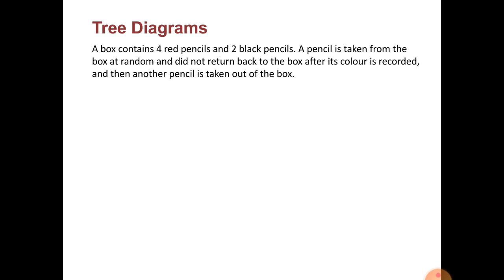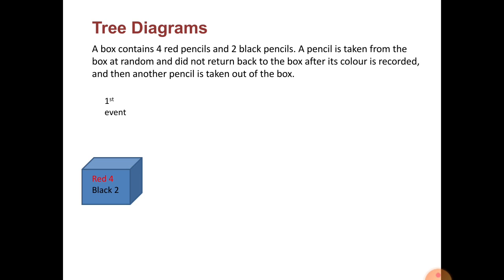Imagine that a box contains 4 red pencils and 2 black pencils. A pencil is taken from the box at random and not returned to the box after its color is recorded. And then another pencil is taken out of the box. If we summarize, the first event is there is a box, and in that box there are 4 red pencils and 2 black pencils.